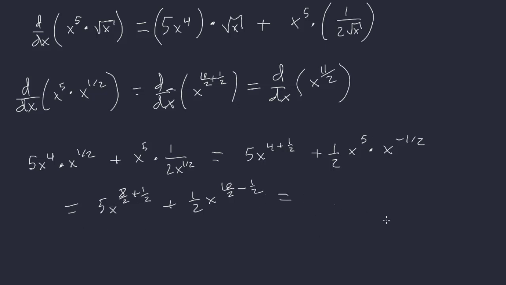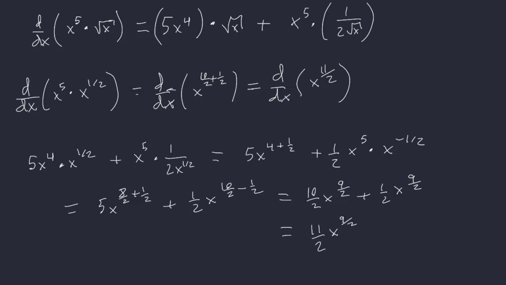All right, so we end up with 5x to the 9/2 plus 1/2 x to the 9/2. Oh, well, now these are like terms. And so if I change this 5 to a 10/2, when we bring these together, we get 11/2 x to the 9/2.